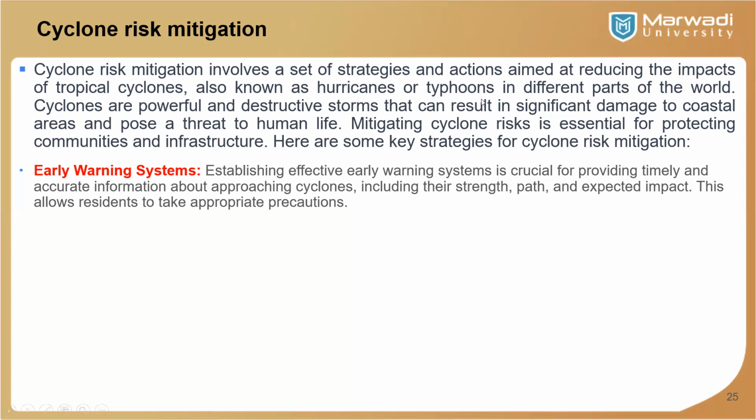That could help the local administration as well as the national administration to reduce the impact of the disaster itself. So this allows the residents and the administrations to take appropriate precautions in context to that particular kind of disaster, like a cyclone.